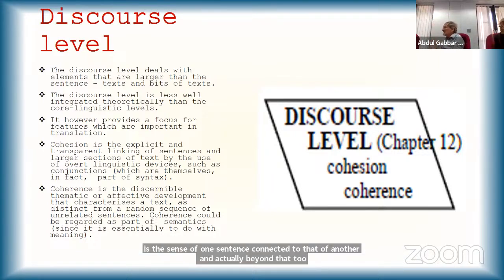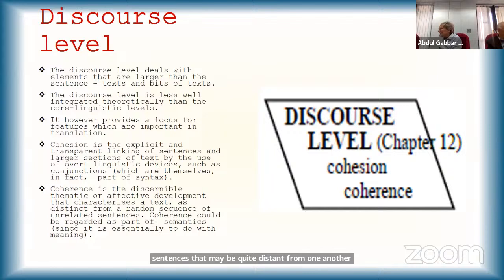So cohesion is looking at specific words, and of course, it's true that those words are part of syntax, as well as making cohesive links.